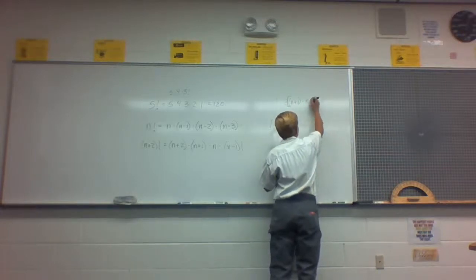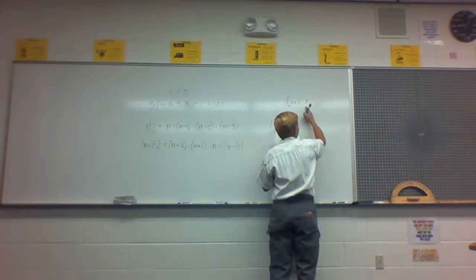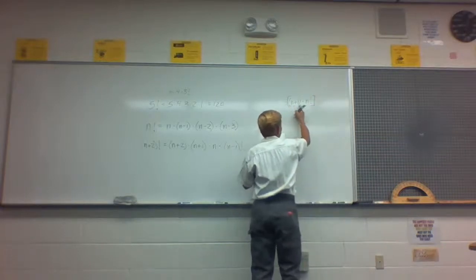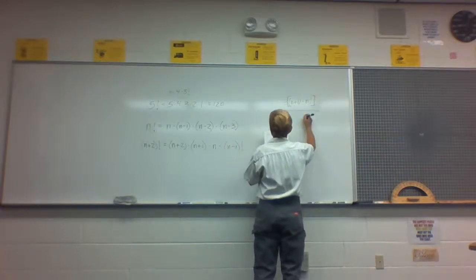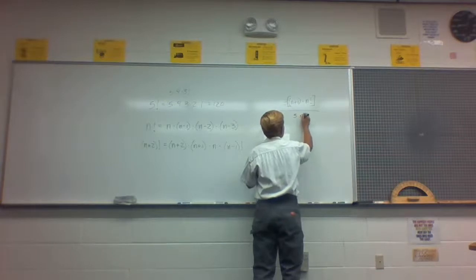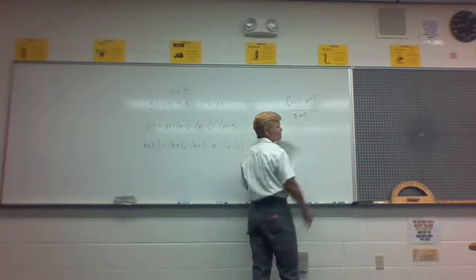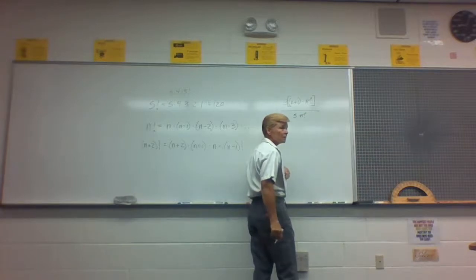But I'm going to stop right there. Do you understand I could write n plus 1 factorial this way? Why would I do that? Because these all are multiplied. If I put down here the denominator, which is 5n factorial, it doesn't matter what this number is. All of these will cancel. Does that make any sense to you?